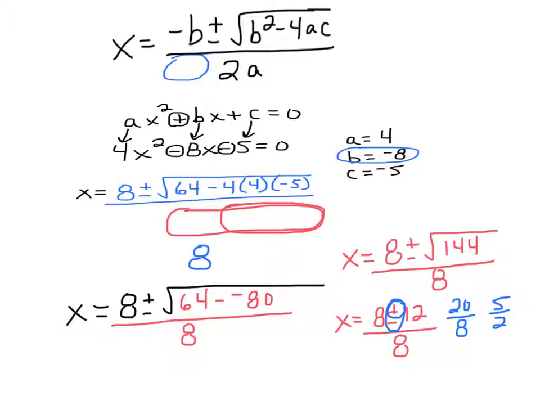If it is 8 subtract 12, 8 subtract 12 is a negative 4. I get negative 4/8, and negative 4/8 is equal to a negative 1/2. So I have two different answers here. I have 5/2 and negative 1/2 for the two different answers that x could be.